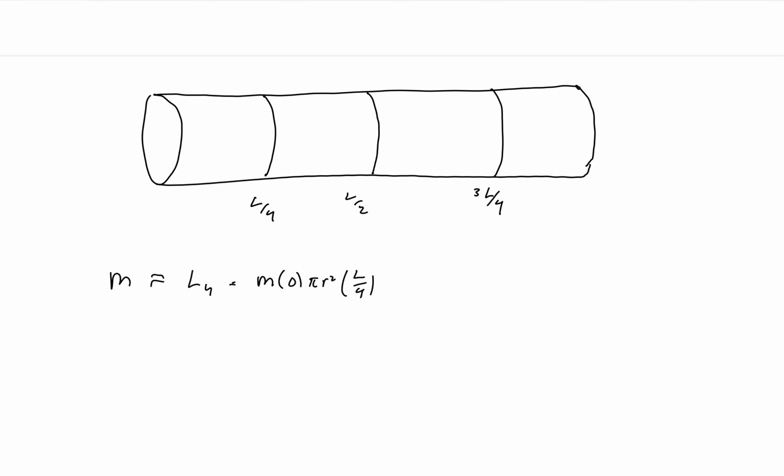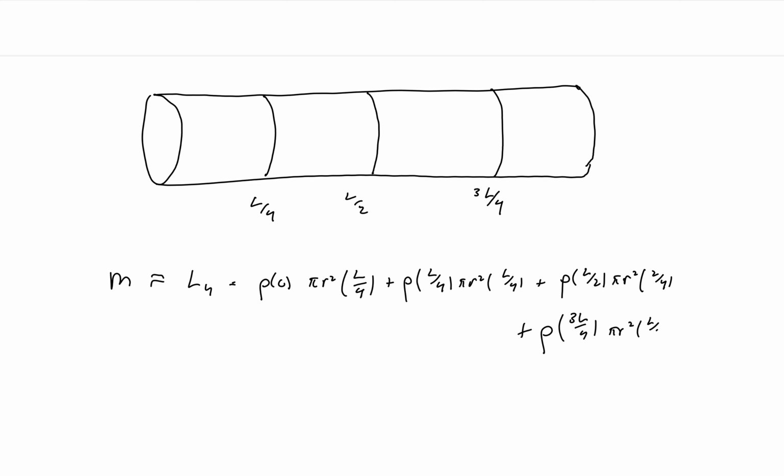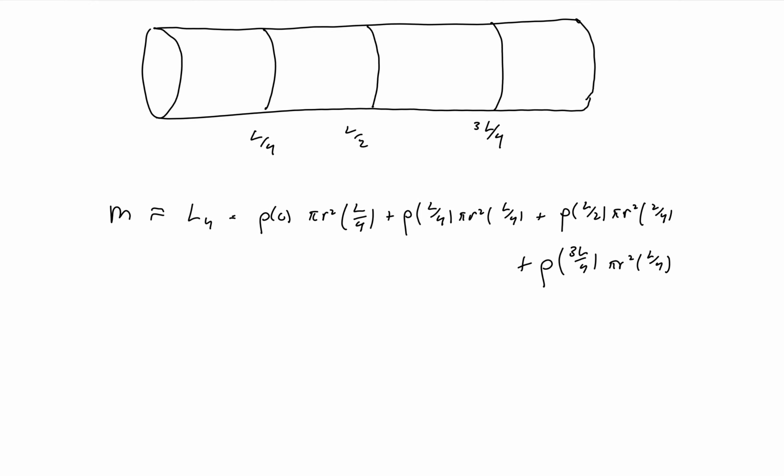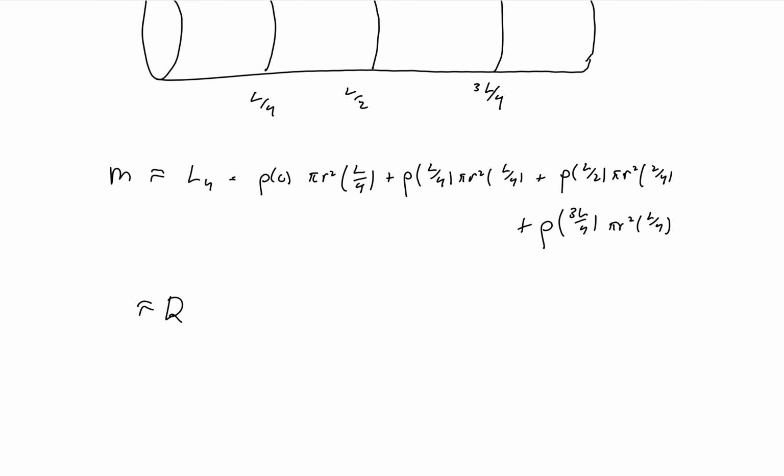And now the width of these is L over 4. All right, so notice those L over 4s are coming because we're breaking this length L up into 4 pieces. And we can also say it's approximately the right-hand sum with 4. So this would start at rho of L over 4 because that's the right edge of our interval.